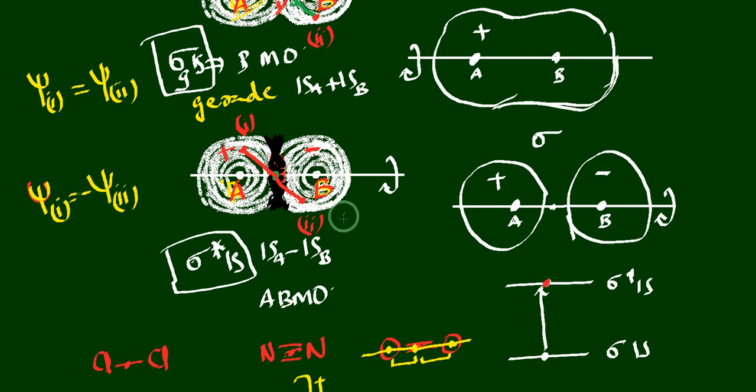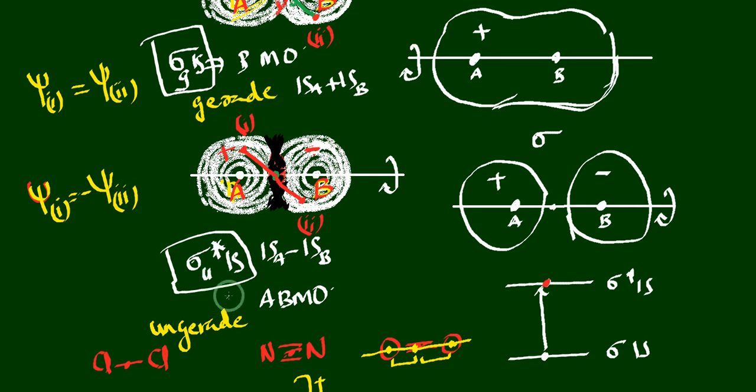In this case, we can say that it is ungerade, as it is called in the German language. Since it is ungerade, you can call this sigma star u. So this is sigma g and this is sigma star u.